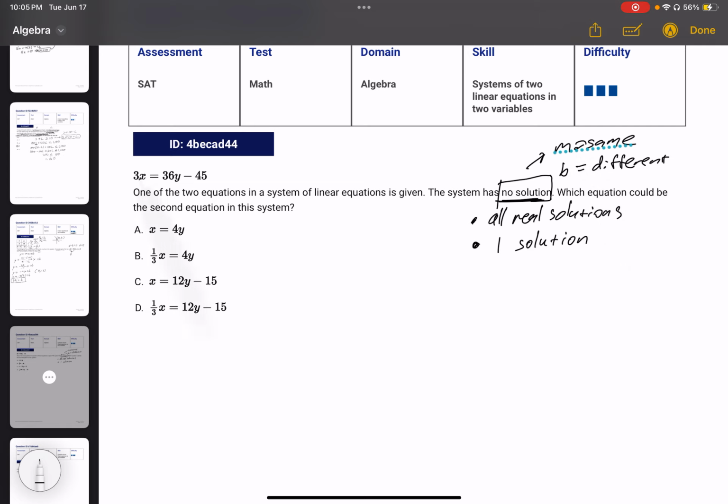We're going to put this in our standard y equals mx plus b form. So we have 36y is equal to 3x plus 45. And we're doing this because it helps us see what our slope actually is.